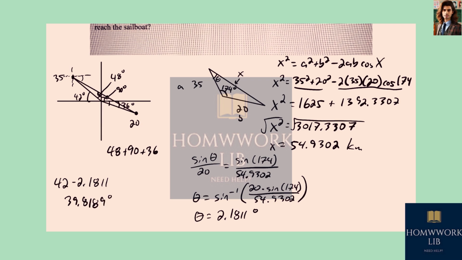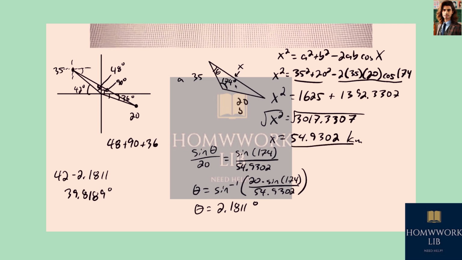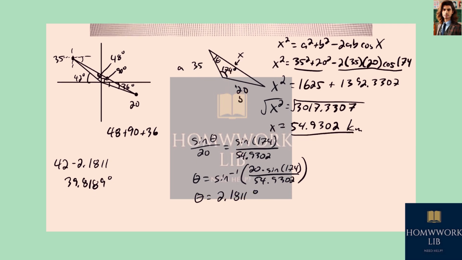So what that means is the Coast Guard has to travel 54.9302 kilometers at a bearing of 39.8189 degrees, and that's going to be south of east.